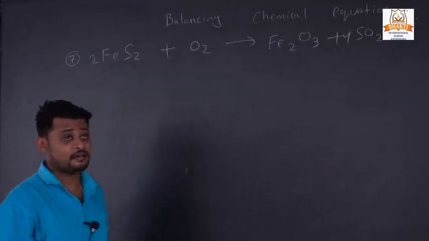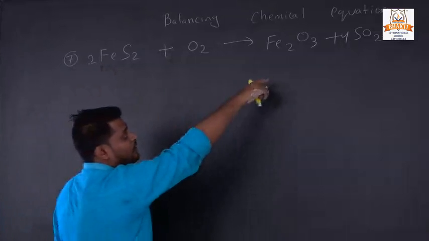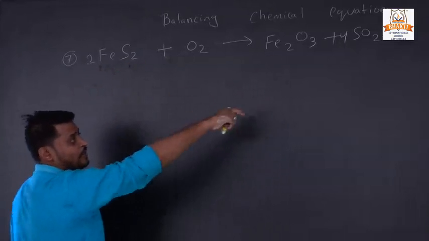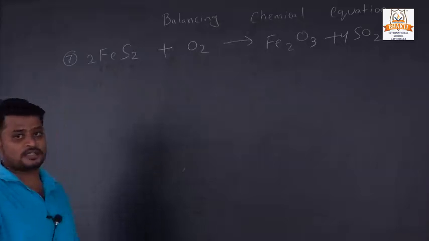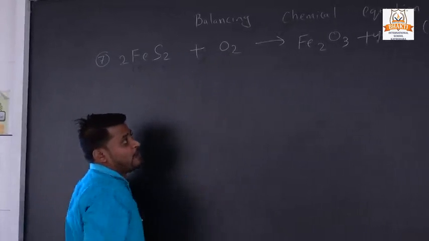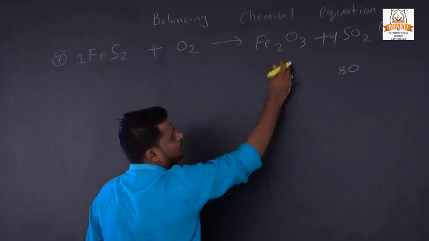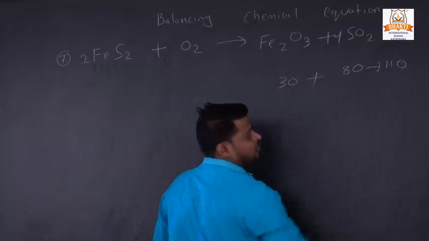So we have to check again metal, and the metal iron is here 2 in reactant and in product 2. Then non-metal here 4 and here also in product 4. Then our next step, oxygen, and here the molecules of oxygen was 2 and here 4 2 is 8 and here 3, total 11 oxygen.